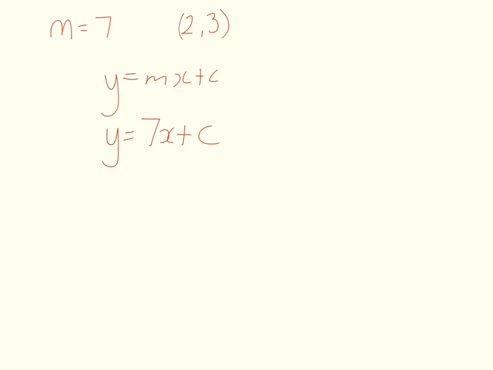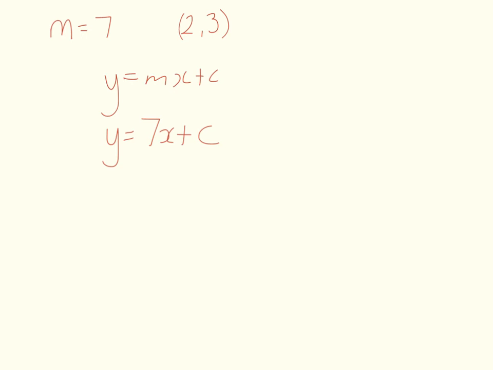But I am not told from the question where the y-intercept is. I'm told a point that it passes through, but that doesn't lie on the y-axis. That's just a general point that the line goes through. So we're going to need to find a way to substitute these values in.